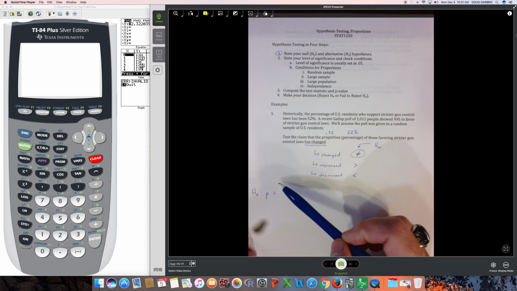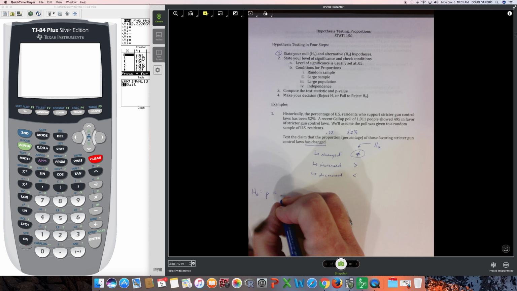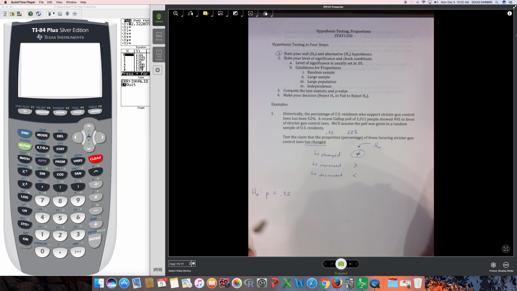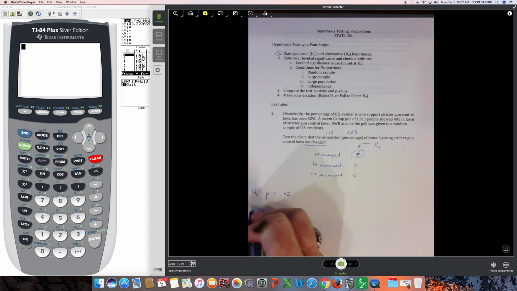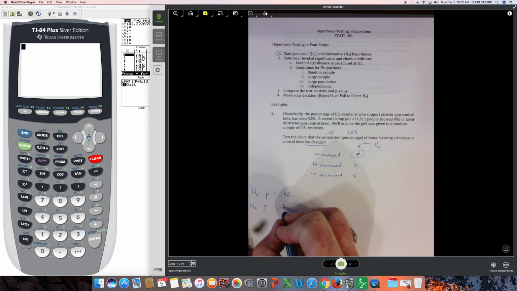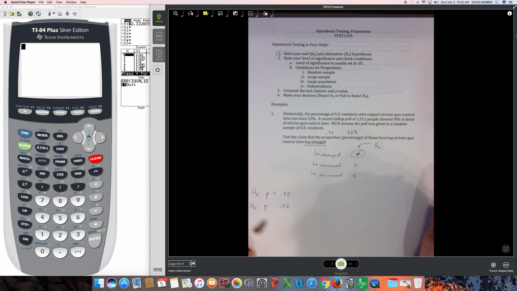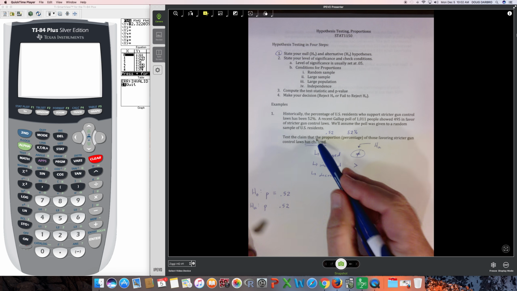So we have to use the appropriate letter. So we're going to put that the claim is 0.52, and then the alternative hypothesis will always be the same letter. It'll always be the same number, and then we'll insert one of these inequalities according to the way that the information is provided in the problem.